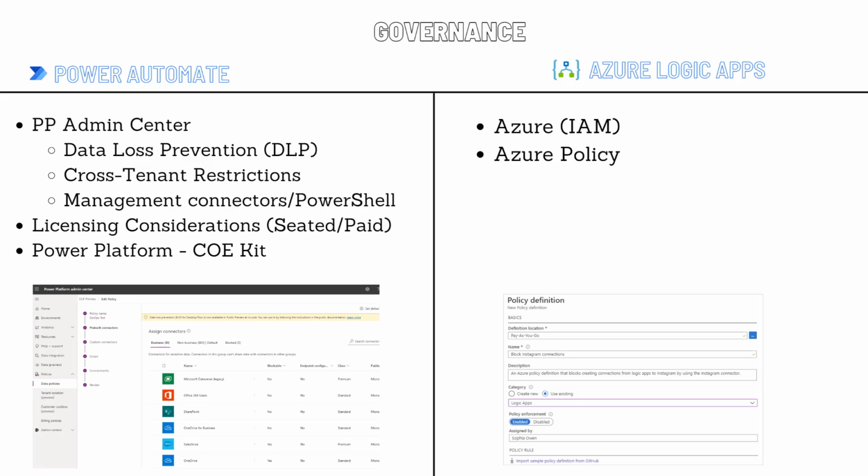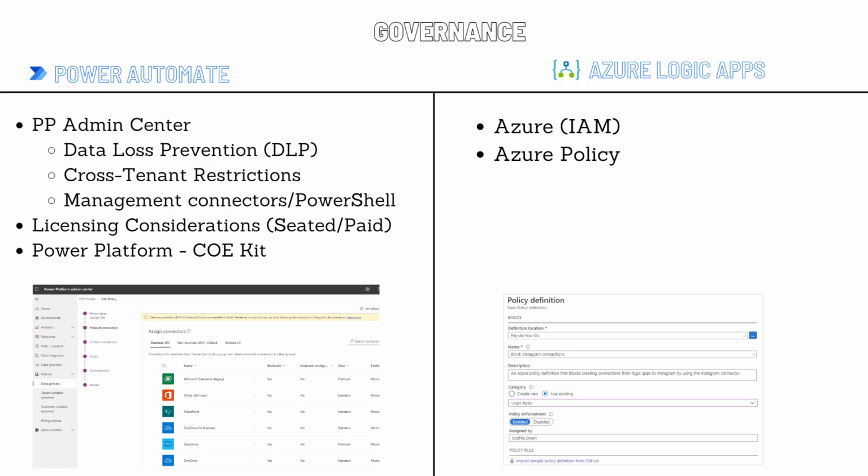I've already talked a little bit about role-based access control. That's where you'd go ahead and set that up. But we've got another feature called data loss prevention, or DLP, which is fairly important. This is something every organization should look at. You can go ahead and choose which connectors can be used with each other, whether that's in a business context or a non-business context.